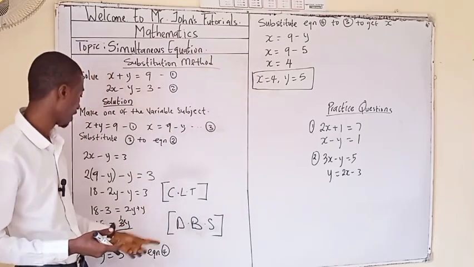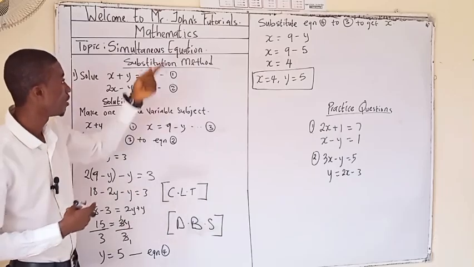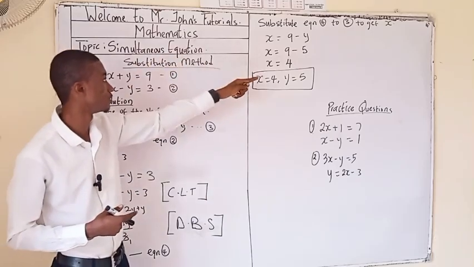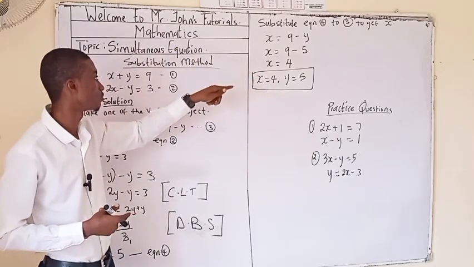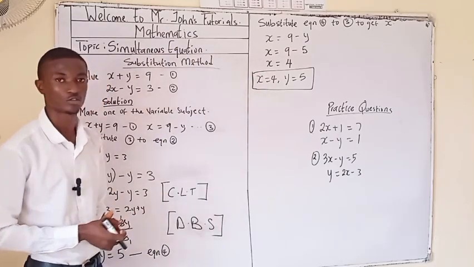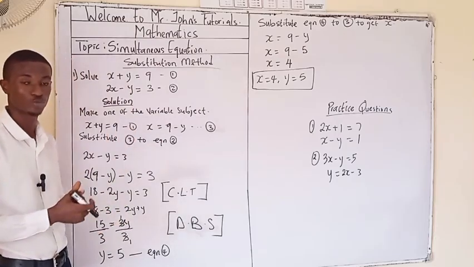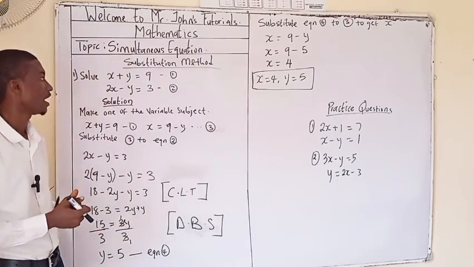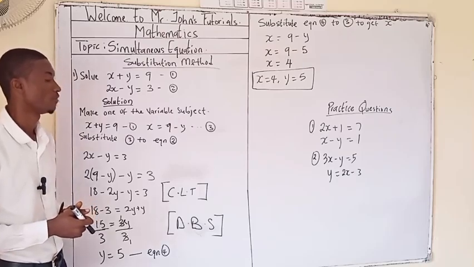What is our value for y? Our value for y is 5. So when we substitute 5 into equation 3, what are we going to have? 9 minus 5 will give us 4. So our solution for this simultaneous equation is x equal to 4 and y equal to 5.